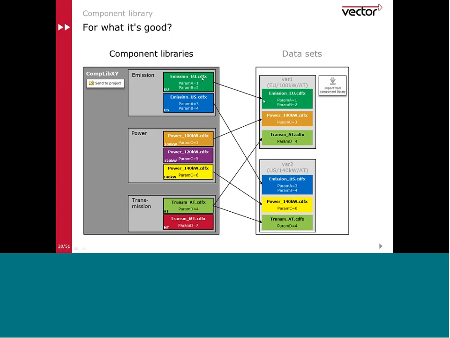So the CDFX file exactly knows where to go. Same for emission US, this goes into variant 2 because it's emission US, and so on. Power 100 kilowatt goes into variant 1. Power 120 kilowatt goes not into any dataset in my example here, but power 140 kilowatt goes into variant 2, and so on. Okay, great.